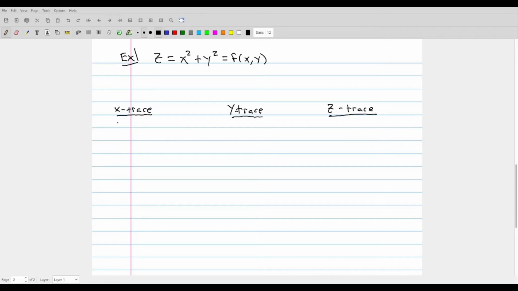So the x-trace is what we get when we fix various values of x. Like fix x equals c, say. When we do this, we get the equation z is equal to c squared plus y squared.